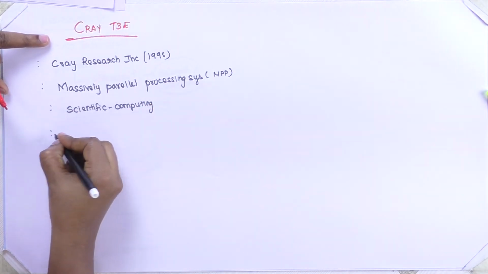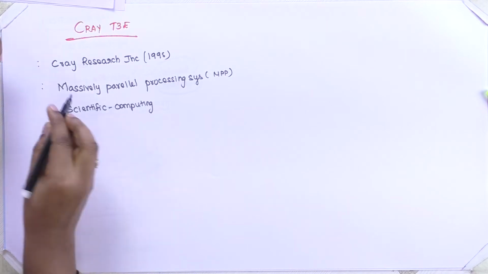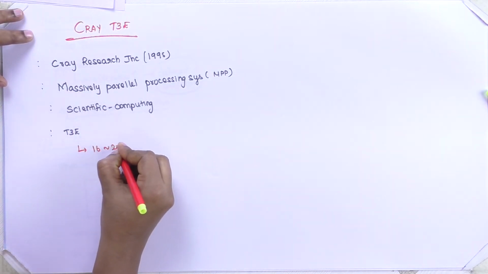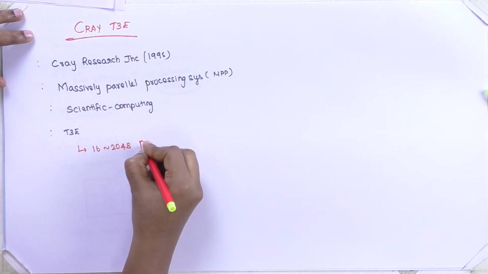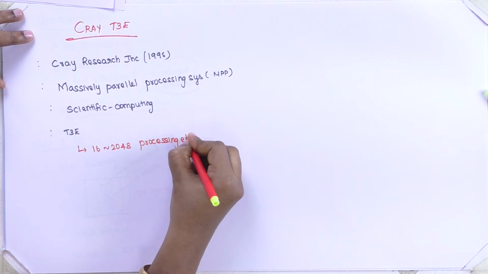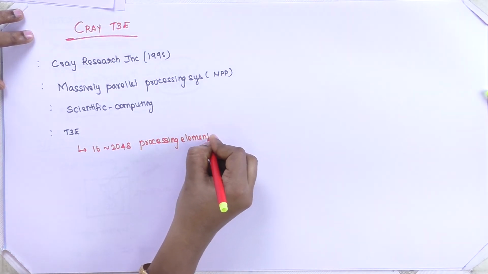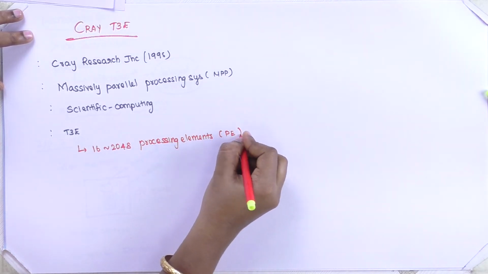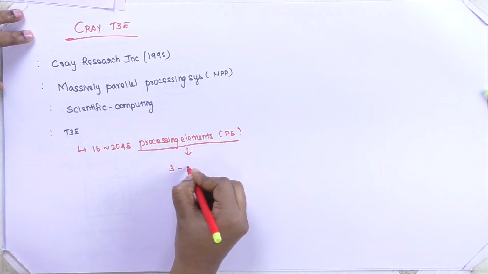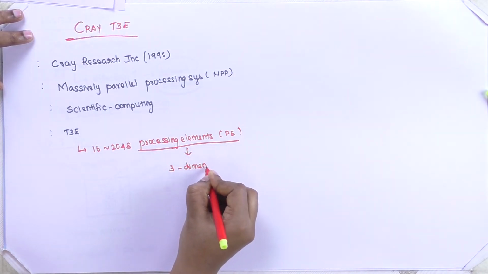In each T3 architecture we have about 16 to 2048 processing elements, which we will call PE. These PEs are arranged in a three-dimensional network.